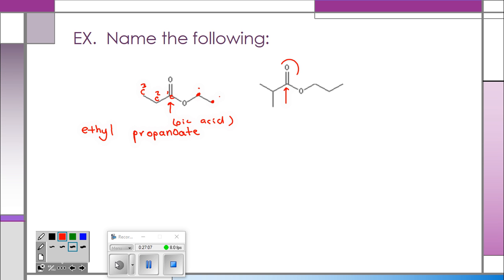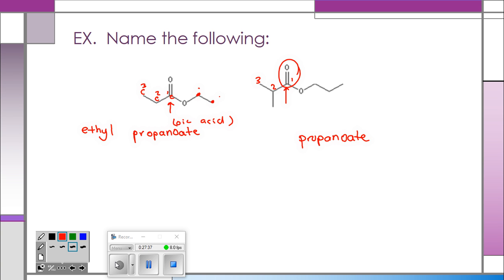Always look for this piece first. That's where you start. The carbon that's double bonded to that oxygen was carbon number 1 in the acid. There's the 1, there's carbon 2, there's carbon 3. So just like the last example, I have propanoate there, but there would have been a prefix on the name of my acid.